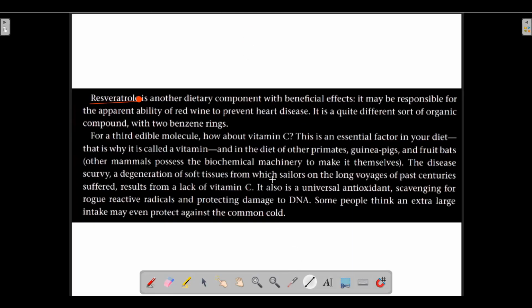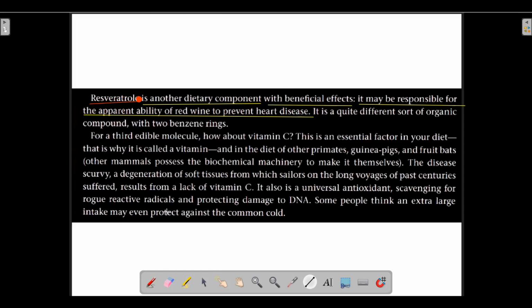Now, resveratrol is another dietary component, and it has beneficial effects on humans. It is present in the diet of humans. It may be responsible for the apparent ability of red wine to prevent heart disease.